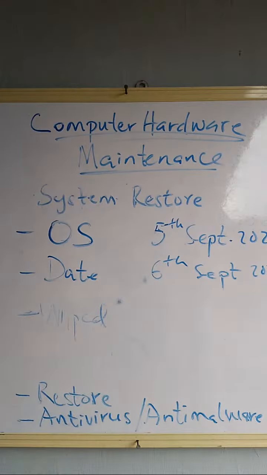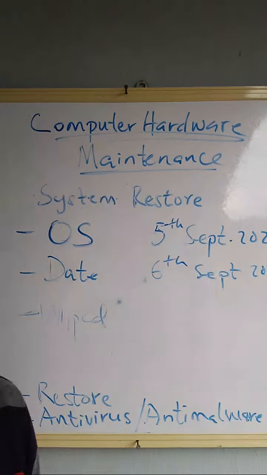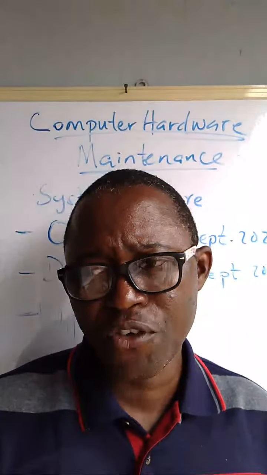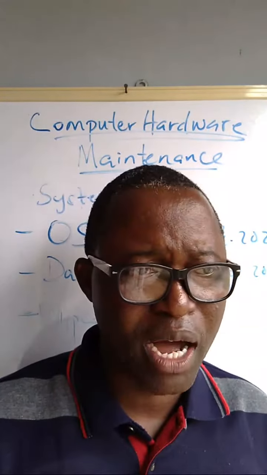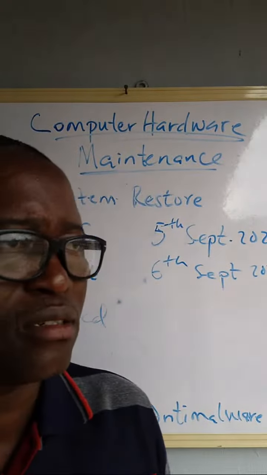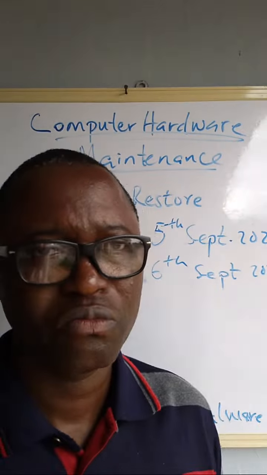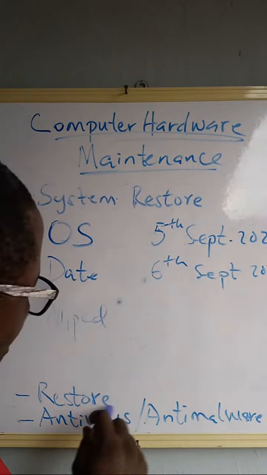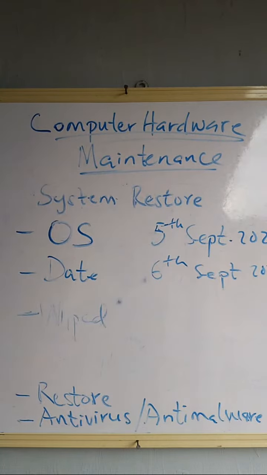So after system restore, what other one can we use? We can also use anti-malware maintenance to correct software problems in our system. If you don't use anti-malware, one day your system will be infected with a virus, and that may cause a lot of issues. So we need to employ antivirus or anti-malware.